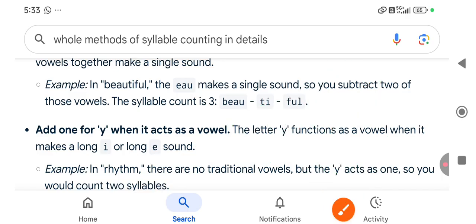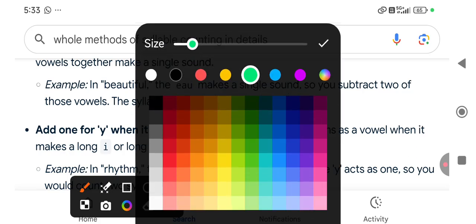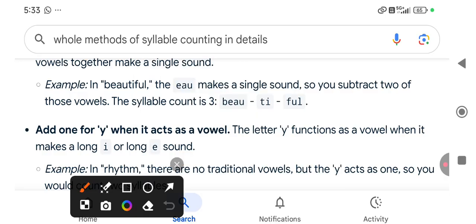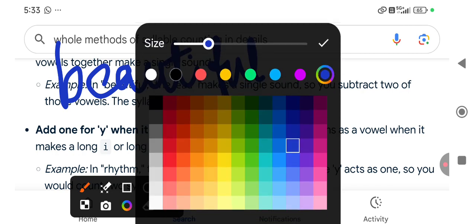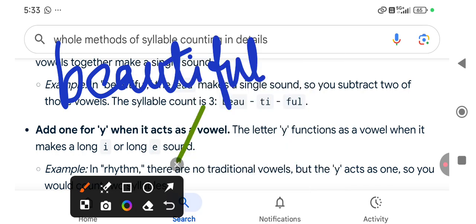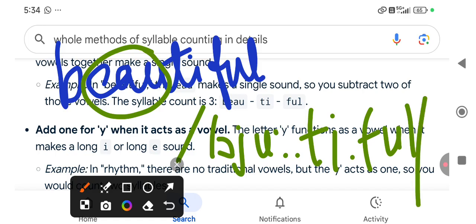So it is a three-syllable word. I'm repeating it to make it clearer. The spelling is beautiful, but when you do a phonetic transcription of it, EAU is pronounced as byoo, then ti, then ful. So that's one, two, and three.